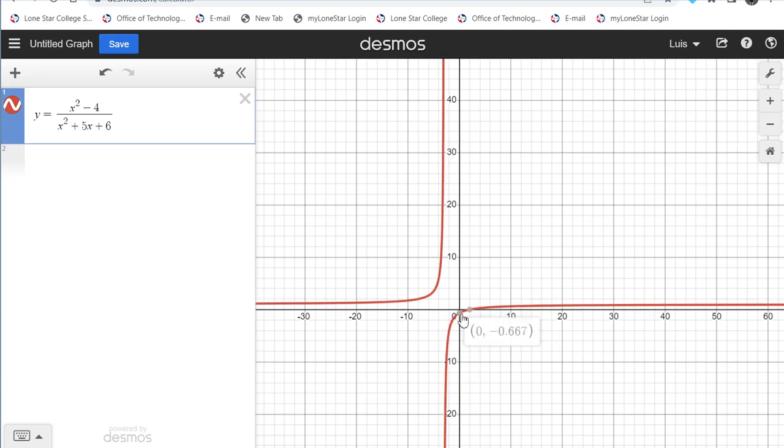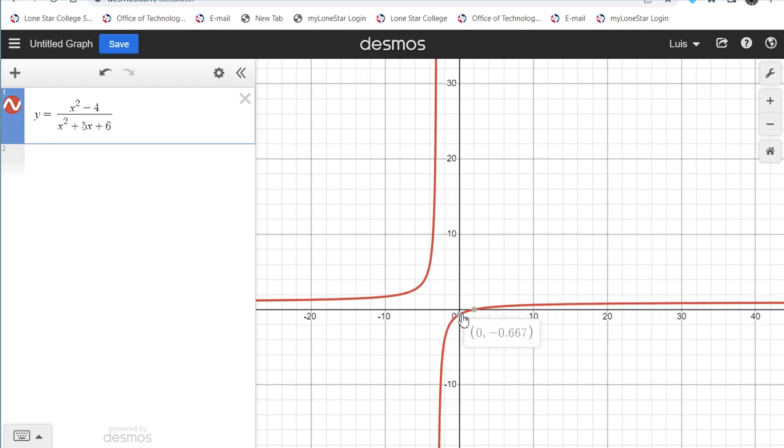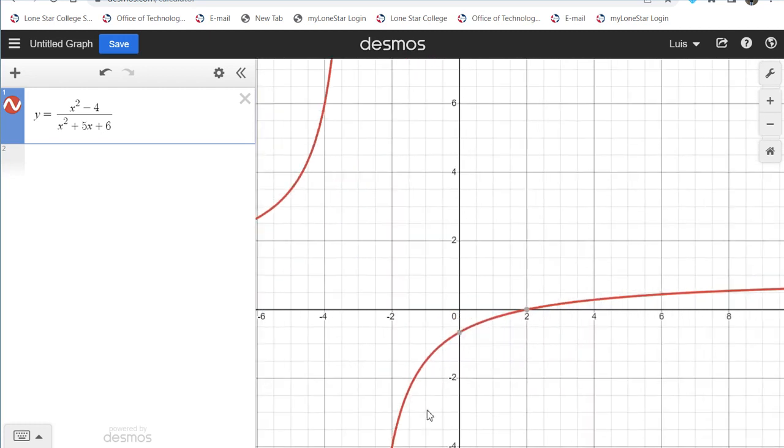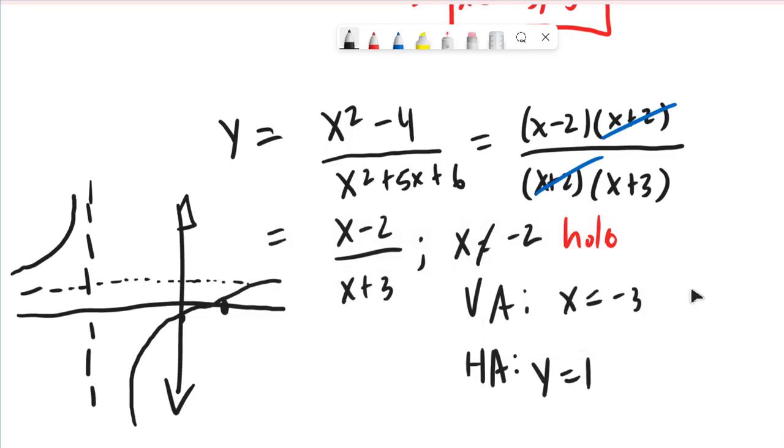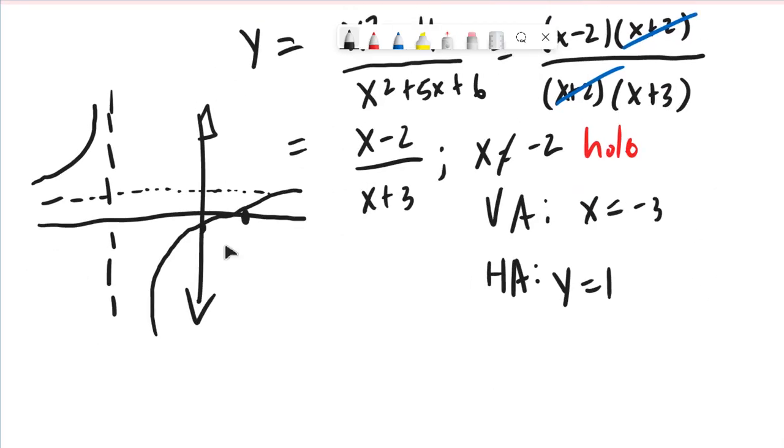And there's where it passes through the x-axis. But where's -2? It's right there. It's undefined, see? You have that little hole right there. Okay. So hopefully that helps in terms of what you're supposed to get out of the graph. You're supposed to be able to sketch it and look at the asymptotes.